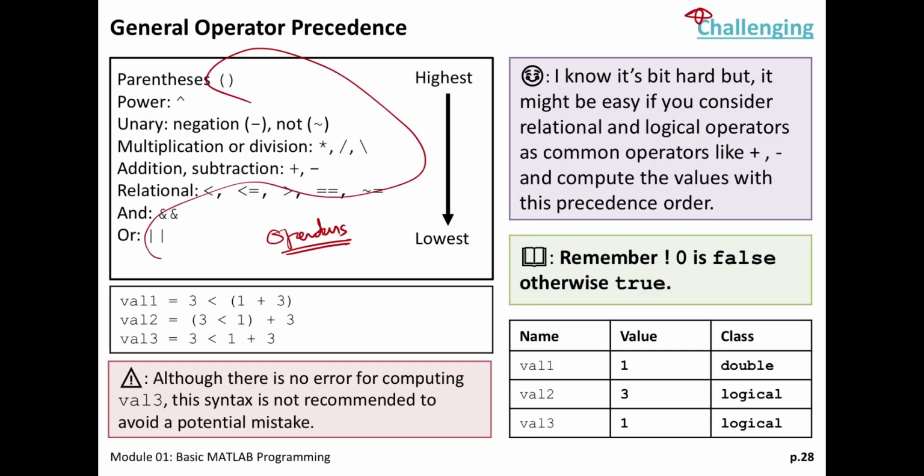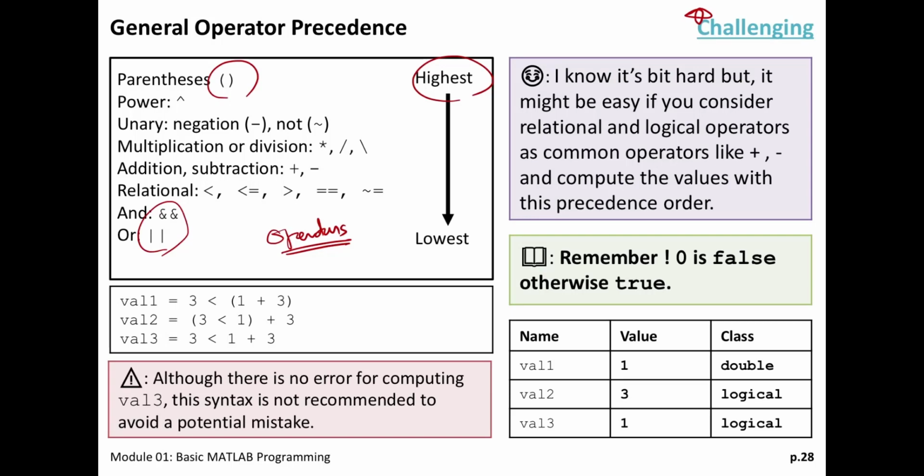So here, this is the precedence from the highest to the lowest. So this parenthesis is the highest precedence, and then this logical operator is the lowest precedence. Okay, let's see the example.